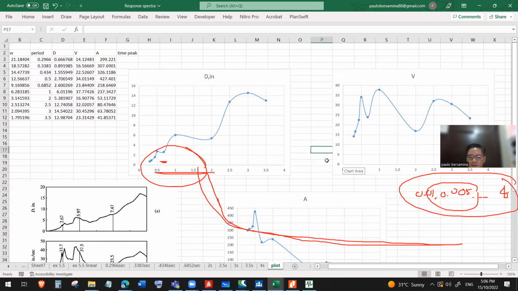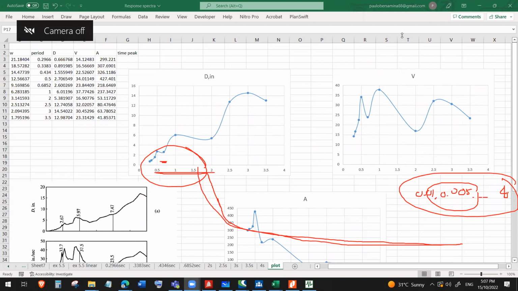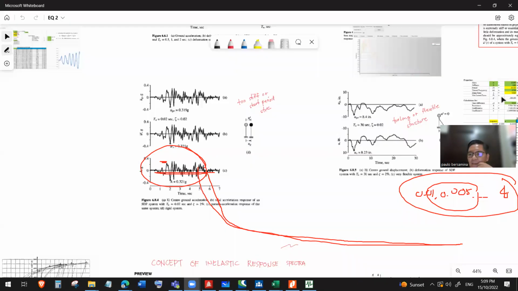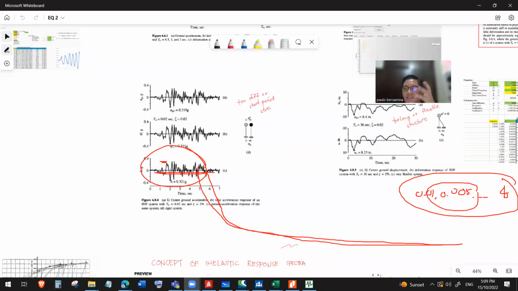Okay, so no more questions ba? Let me check lang. As I said before, when studying MDOF, we will still be using the concept of SDOF.